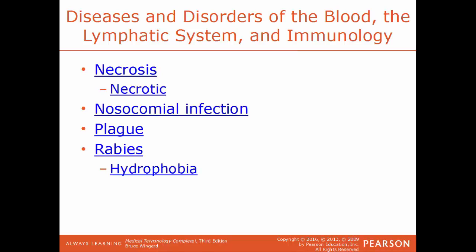So this is why if you are ever bitten by an animal that you don't know, go to the doctor and get treatment for rabies, just as a precaution. Now, the good news is the symptoms don't present themselves for about 2 to 3 weeks. But the problem is, once you are symptomatic, there is no way to fix it. So you have a good amount of time to get treatment for it.